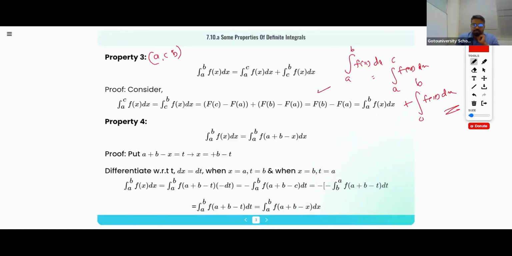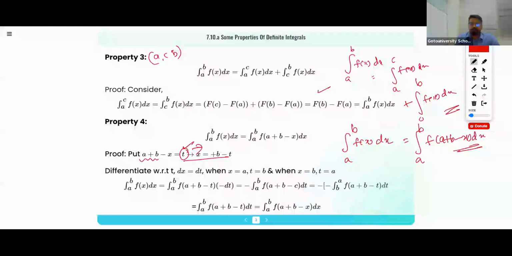The next one: if you have integral a to b f of x dx, that will always be equal to integral a to b f of a plus b minus x dx. That is because you can just substitute a plus b minus x in terms of t. When the value of the variable changes, the limit also changes.